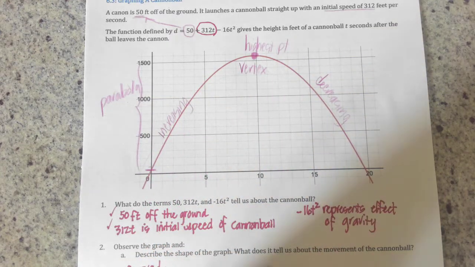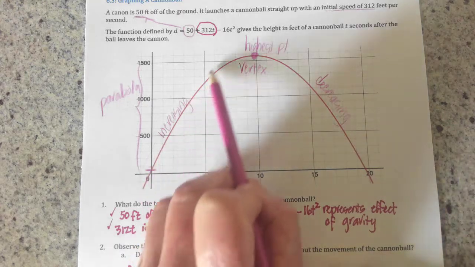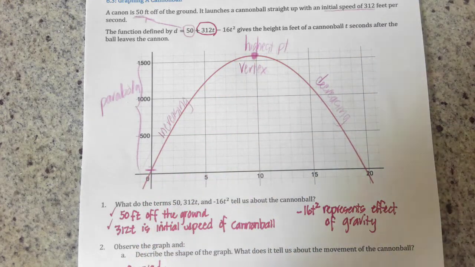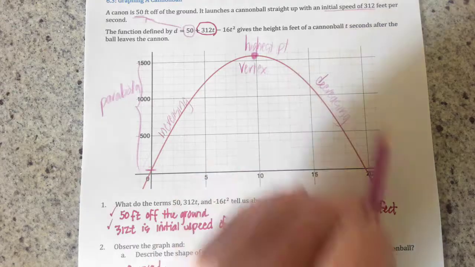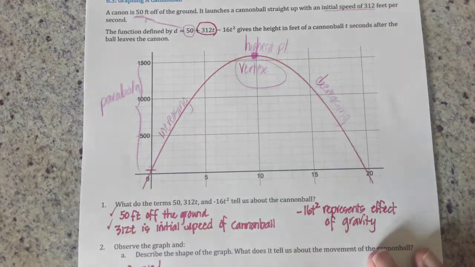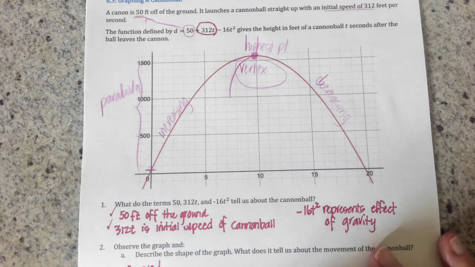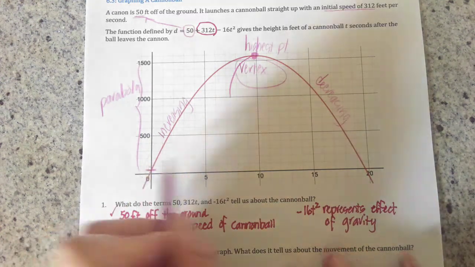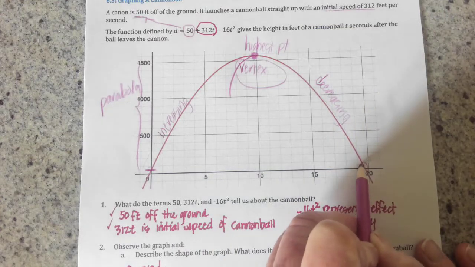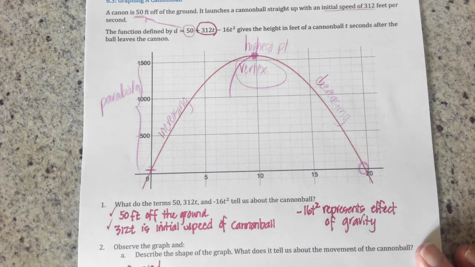There are two shapes of parabolas, but this one is going up and going down. Make sure you pay close attention to the vertex. I can write ordered pairs for the vertex because there's a point there. The other piece I want to talk about is when it hits the ground. It hits the ground right there. Those are all pieces that we're going to look at on the next page.